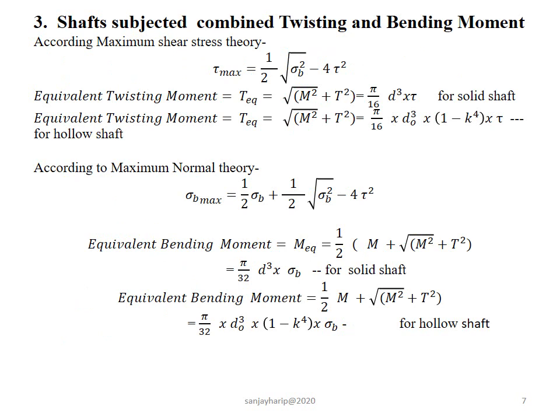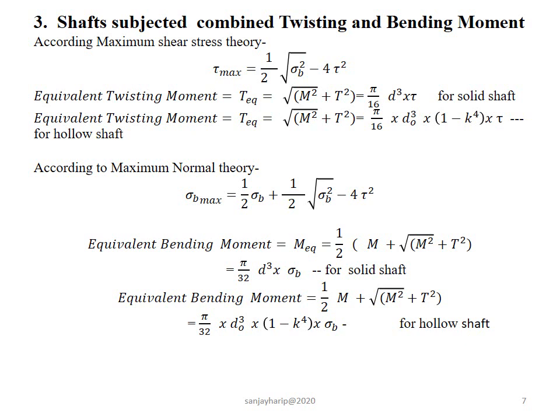Let us see the third condition, where the shaft is subjected to both combined twisting and bending moment. When the shaft is subjected to combined twisting moment and bending moment, then the shaft must be designed on the basis of the two moments simultaneously.